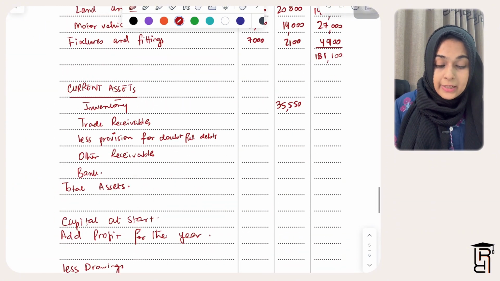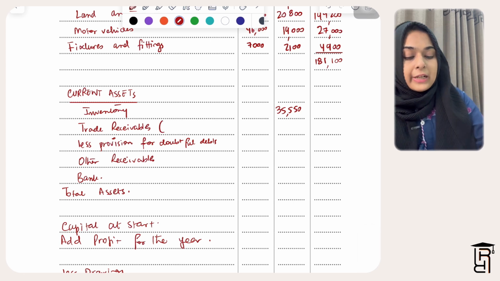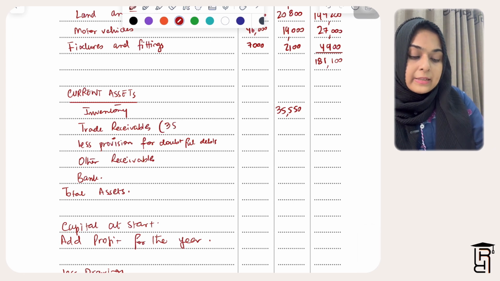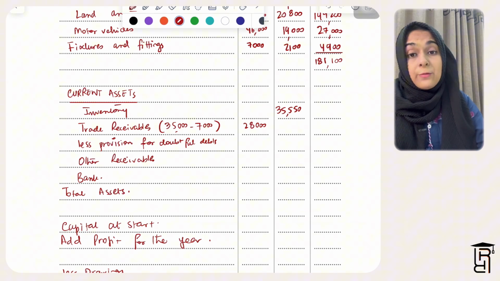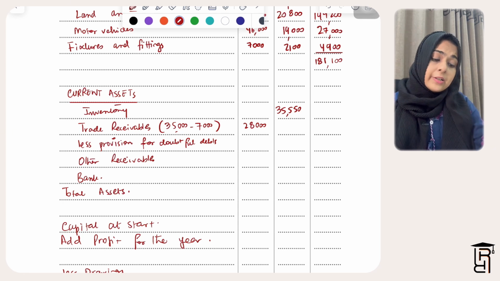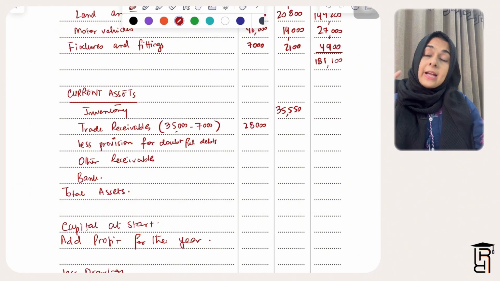Then we need to write trade receivables. So trade receivables in the list of balances was 35,000. Out of this, 7,000 were irrecoverable. So your net trade receivables was 28,000, and for provision for doubtful debts, we calculated a provision of 1,400 for the current year. And in the income statement, we had taken the change.